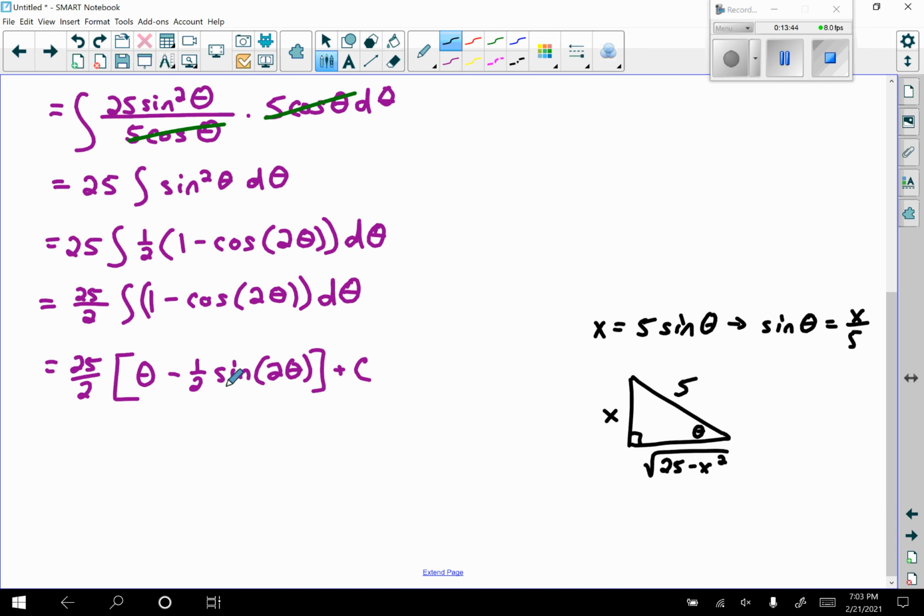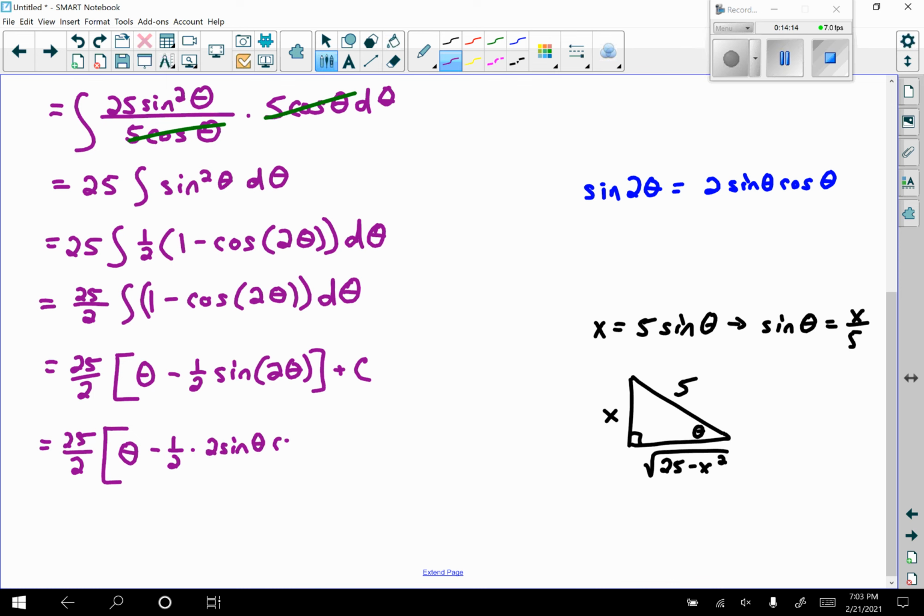All right, so I actually have to do a little bit more with this. I'm going to rewrite, if you recall, I also mentioned this, sine of 2 theta, there's an identity for this that's equal to 2 sine theta cosine theta. And that's what's going to help. So I'm going to have 25 halves, and we'll have times theta minus 1/2 times 2 sine theta cosine theta.